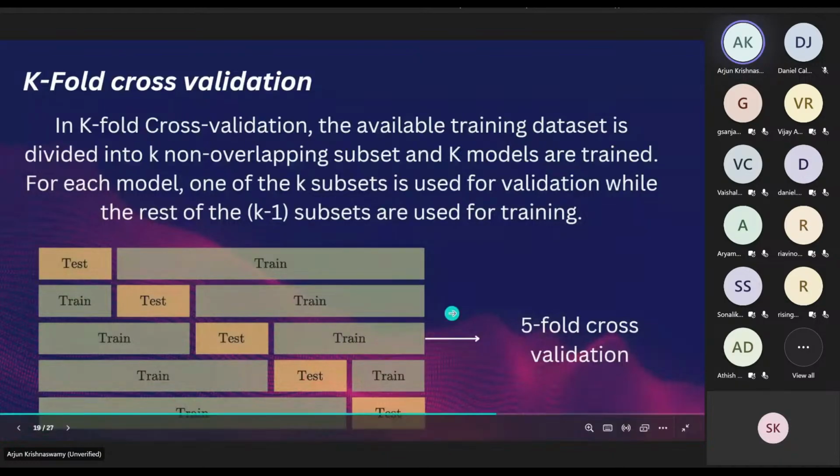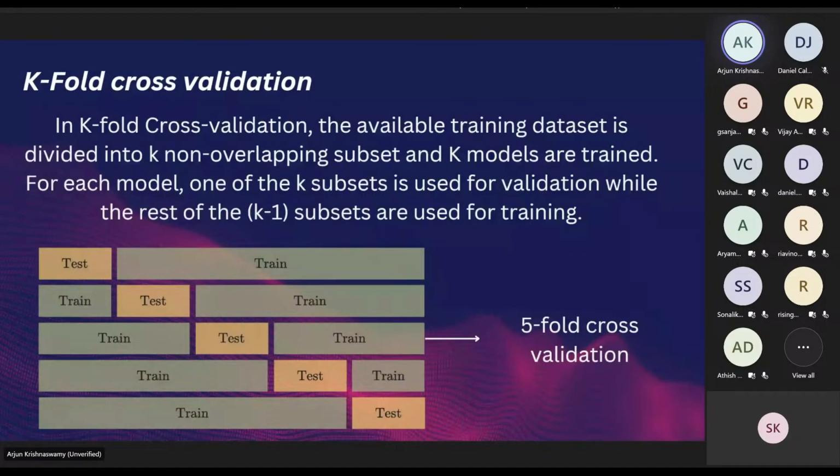Every time we are training, we are not training on the same data set. This train and this train are not the same. But originally we had only one data set. We are trying to extract maximum information out of the data set by splitting it into k parts and using k minus 1 for training, and the remaining for testing.